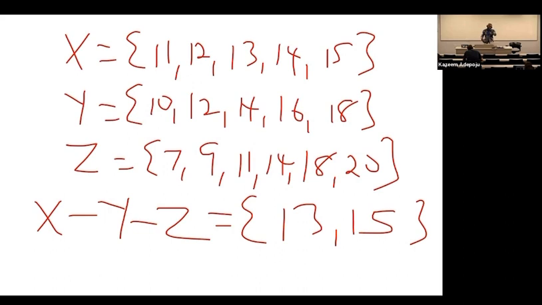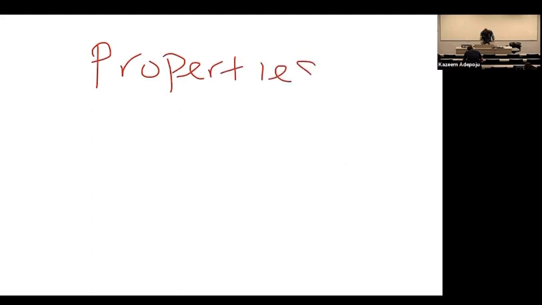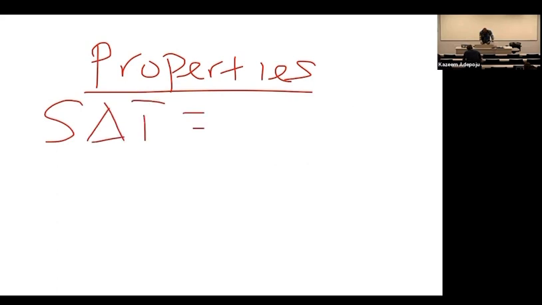The next thing we want to talk about is the properties. We want to talk about commutativity and associativity. In terms of commutativity, this is the same as this. That's commutativity.